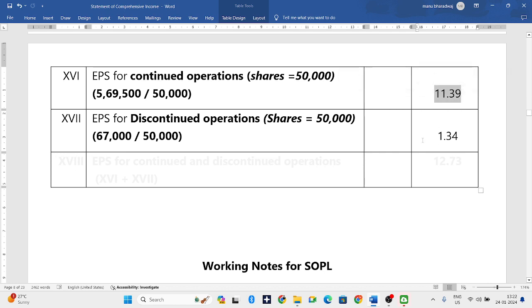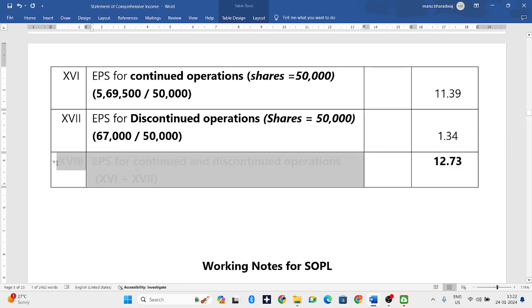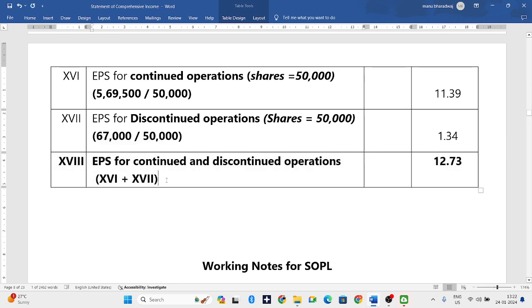Now add 11.39 plus 1.34, you will get 12.73, and that is the total EPS from continued and discontinued operations.